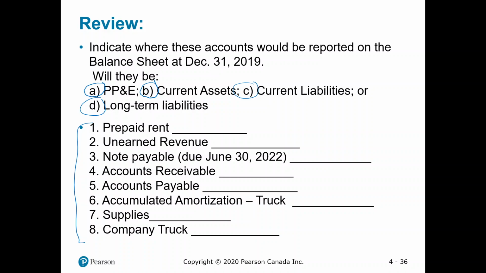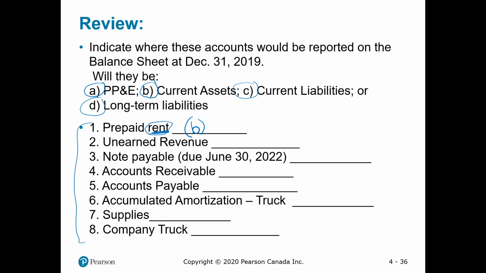Okay, so prepaid rent is a B. It's a current asset because we're not going to pay rent for more than a year. That just wouldn't be a good use of our cash. Typically, you pay rent maybe at the start of every month, or it needs to be paid in the previous month for the next one, but it's possible maybe you pay for a year or 3 months or 6 months, but it is a current asset.